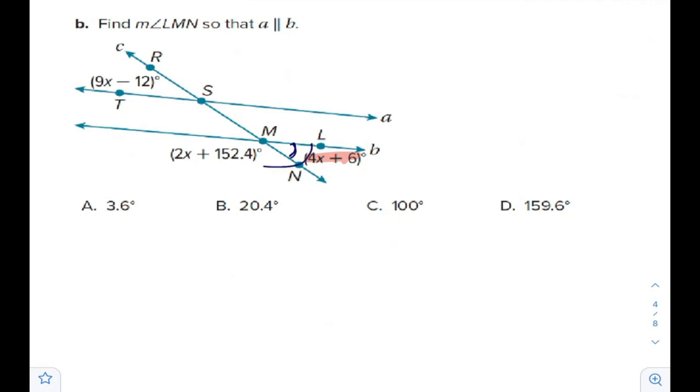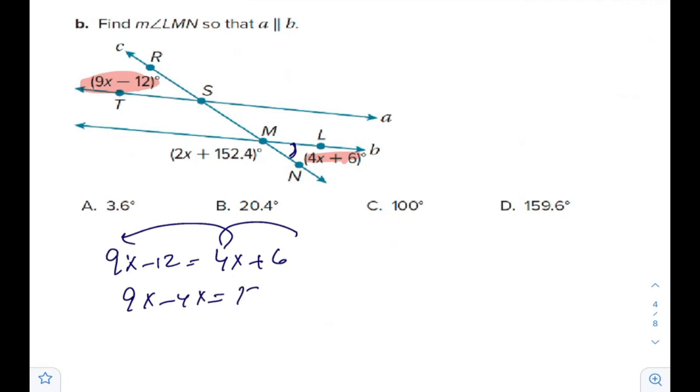You can either use that this and that are forming a linear pair irrespective of the lines being parallel or not parallel, but since he mentioned that the lines are parallel, that means if the lines are parallel, then these angles are located in a way that they are alternate exterior angles. So if A is parallel to B, then these alternate exterior angles should be congruent, and that means 9x minus 12 should be equal to 4x plus 6. And we will solve this equation.